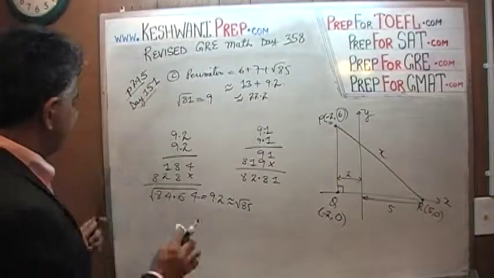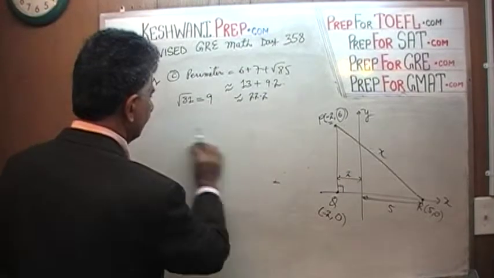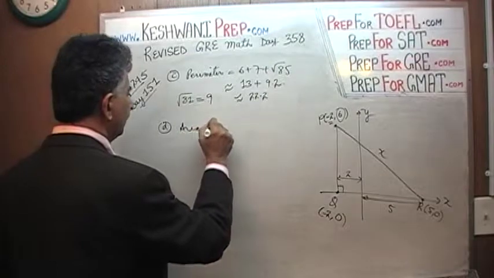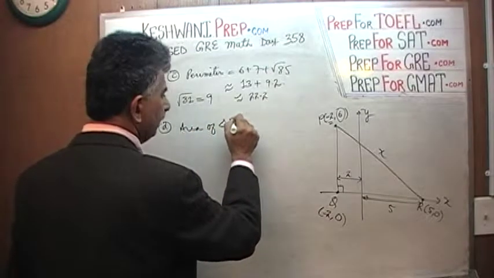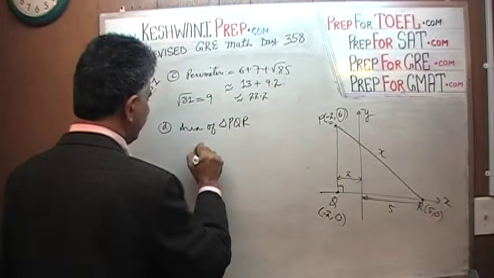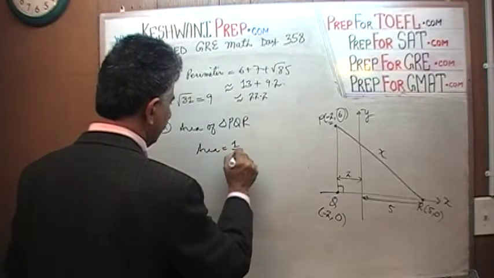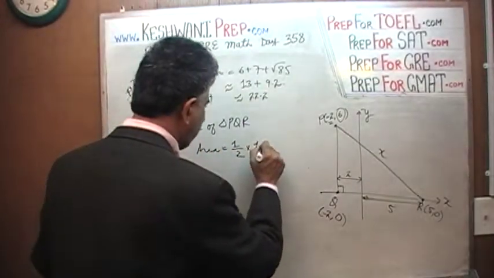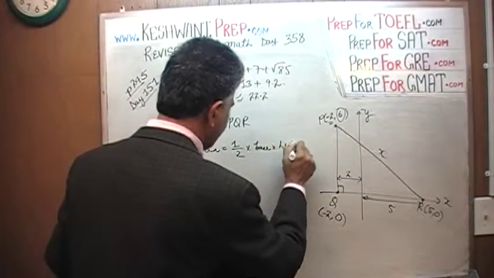Part D. In part D, they're looking for the area of the triangle PQR. Well, the area is going to be 1/2 base times height.